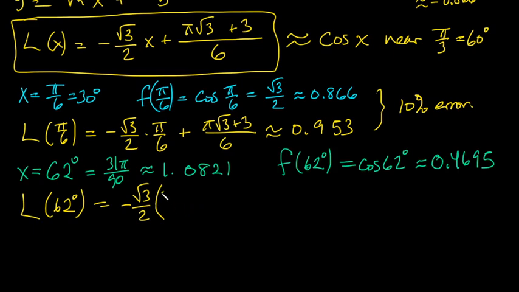So let's use the 4 decimal approximation, 1.0821, and then plus this number here, whatever the approximate answer is. Just plug all that in your calculator, and that gives us 0.4698.